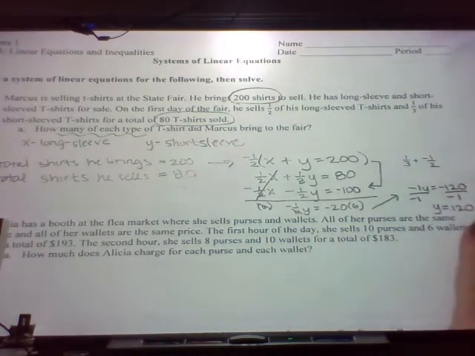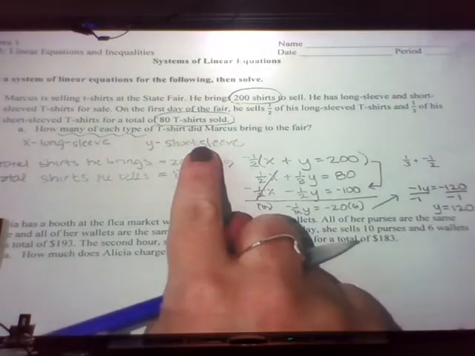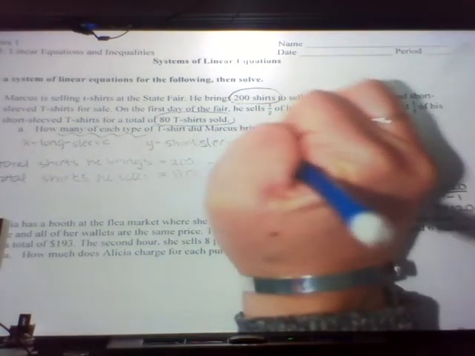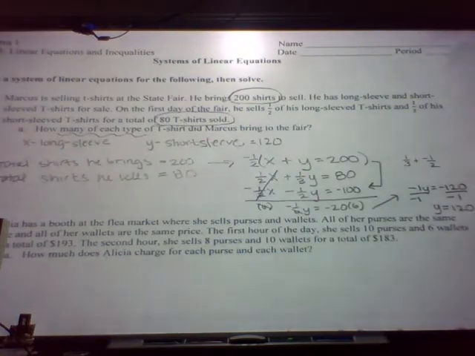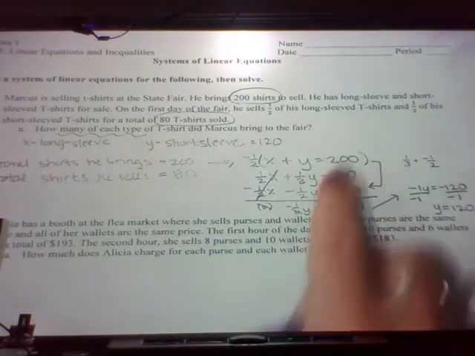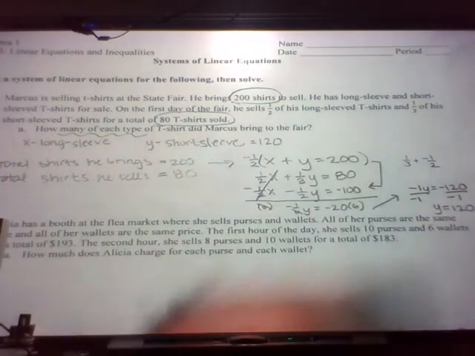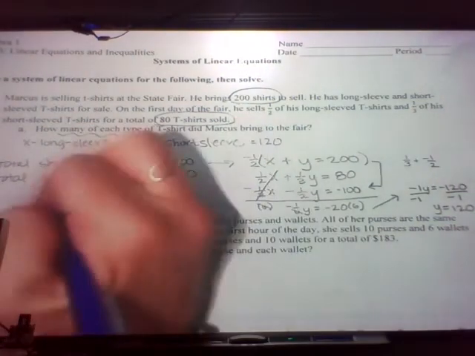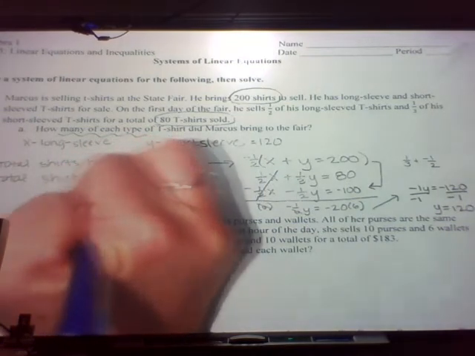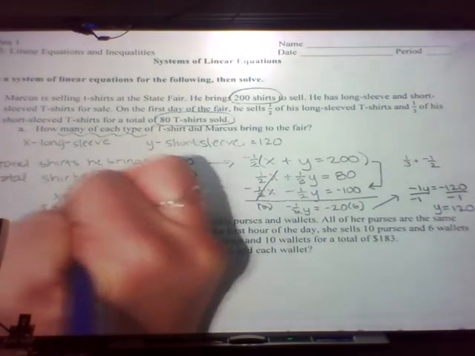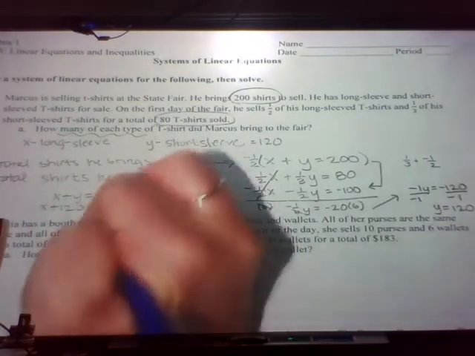All right, y was the number of short sleeve shirts that he brought to sell. So we know that he has 120 short sleeve shirts. I go back to one of my original equations to find how many total long sleeve shirts. So if he brought a total of 200, x plus y equals 200, and I now know that 120 of them are short sleeve shirts.